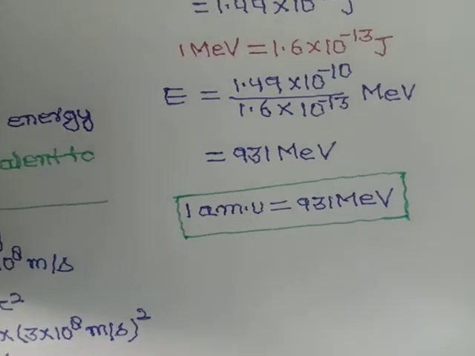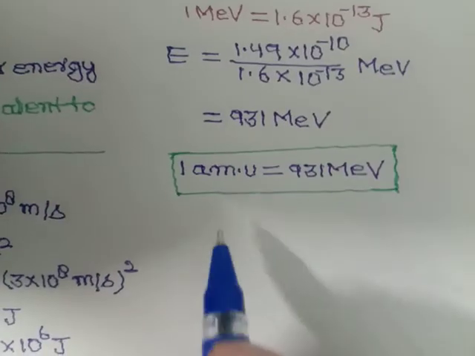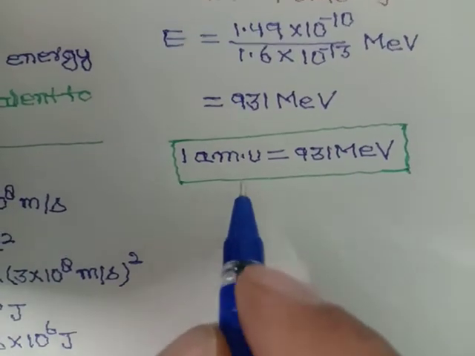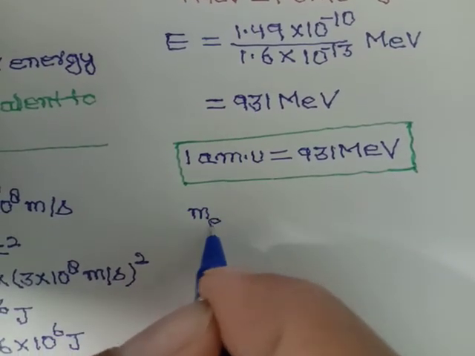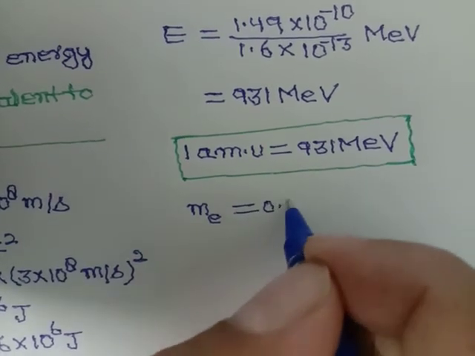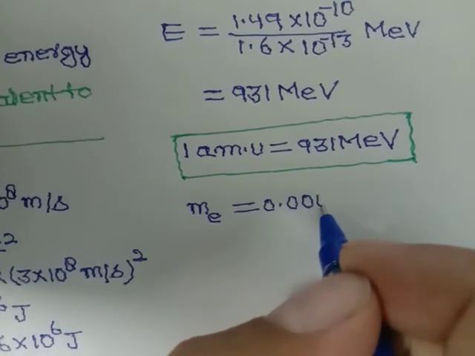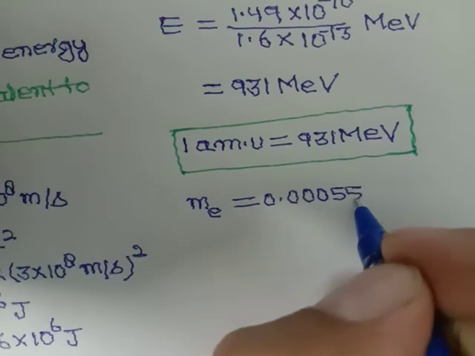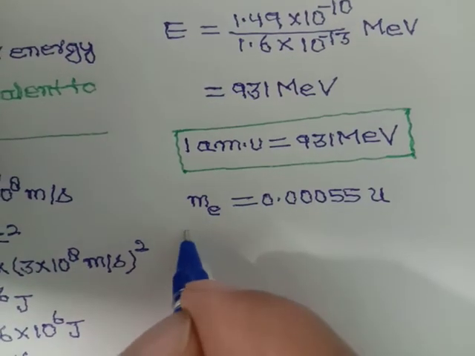Now we can express the mass of electron, proton and neutron in terms of atomic mass unit. So the mass of electron is 0.00055 unified unit or atomic mass unit.